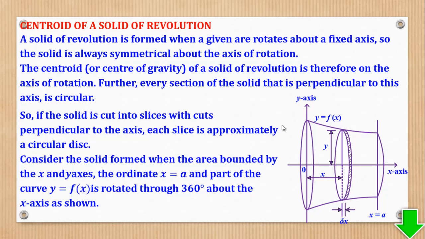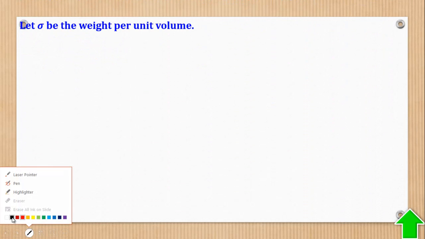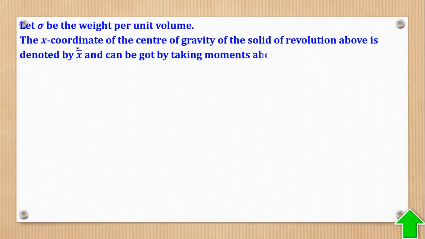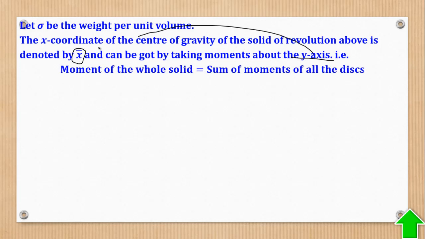So now we are going to see how to take moments, but before that we have to let rho be equal to the weight per unit volume. And x bar be the coordinate of the center of gravity of the whole solid. We get it by taking moments about the y-axis. So we are taking moments about the y-axis to get x bar.